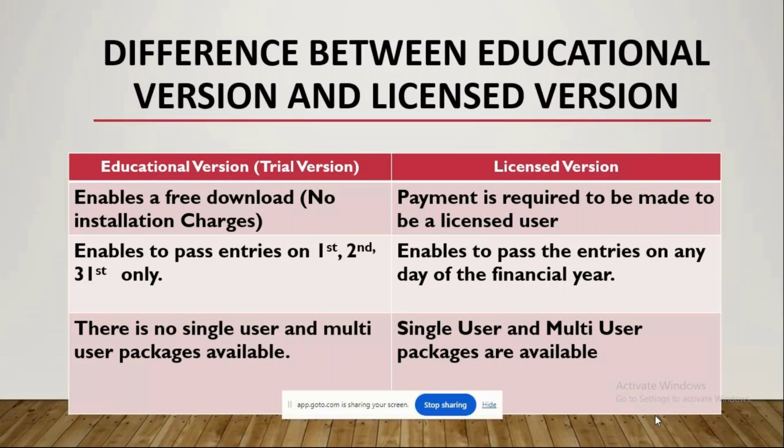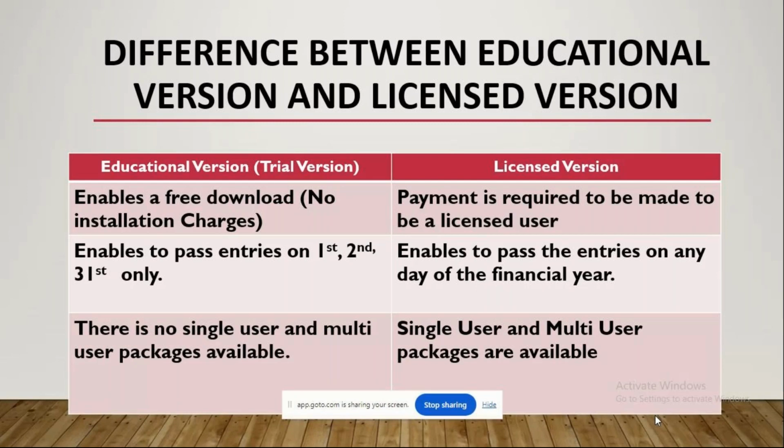We can work on it, record the entries, maintain the accounts, see the reports, all of it. But Tally software imposes some restrictions. First and foremost, it will not allow you to put up the entries on dates other than 1st, 2nd and 31st.